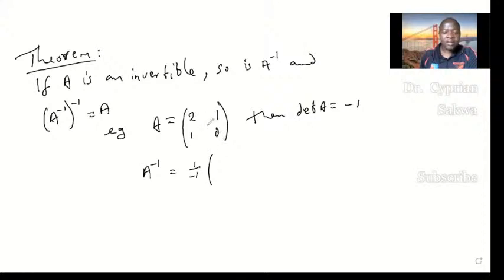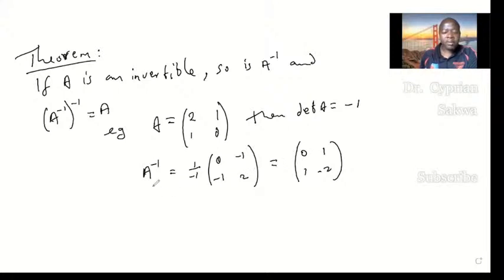So we just reverse this diagonal and change the signs for the other diagonal. When I multiply this negative 1 inside, I have 0, 1, 1, negative 2. This is A inverse.